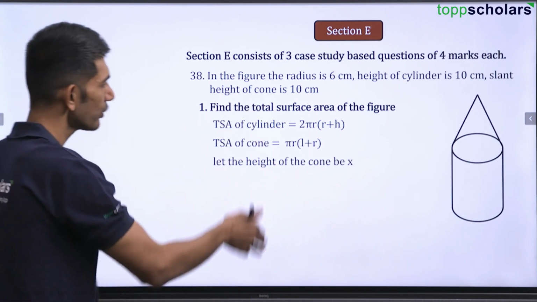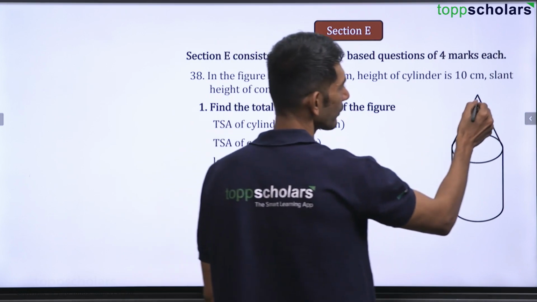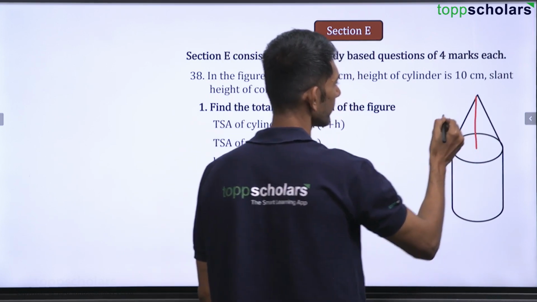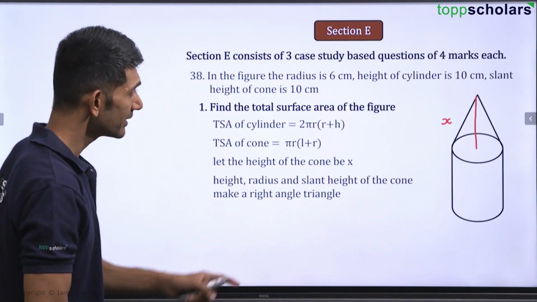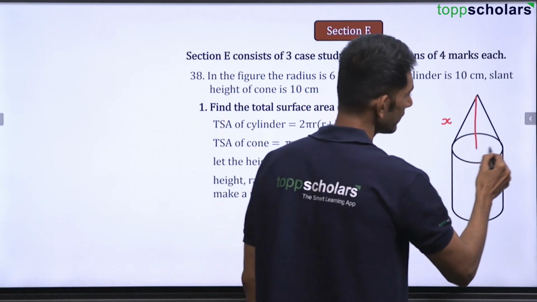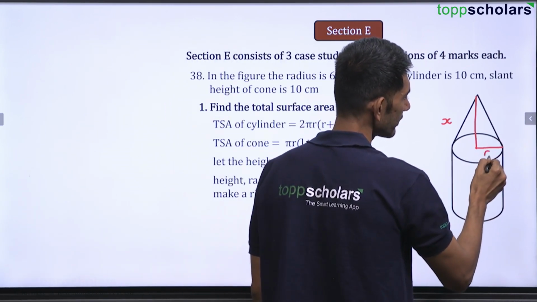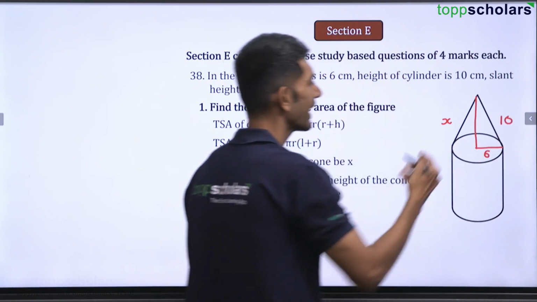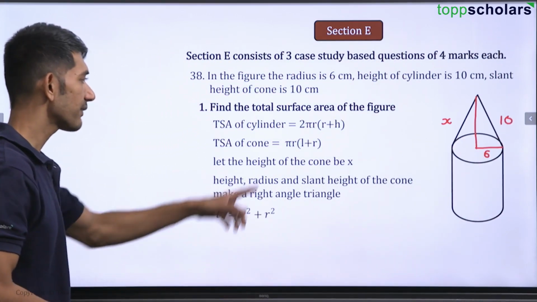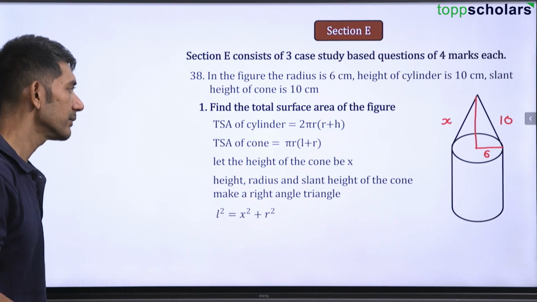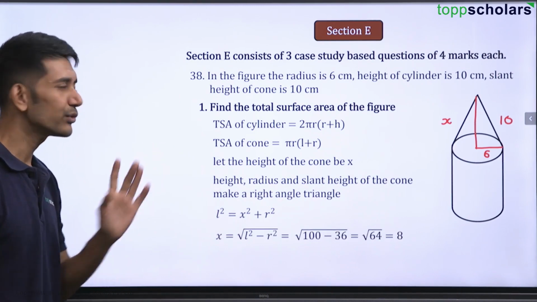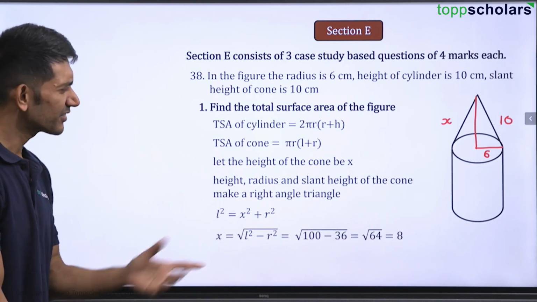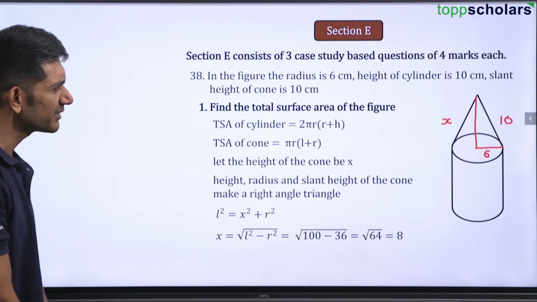The height of the cone we don't know. So let the height of the cone be x, right? But this is a right circular cylinder and a right circular cone. So if this is 6 and this is 10, can I find out the height? Yes, we can find the height with the help of the Pythagoras theorem. So that gives you 8. 10 square is 100, 6 square is 36, 100 minus 36 is 64, so the height is 8.